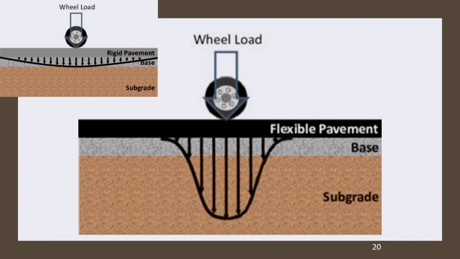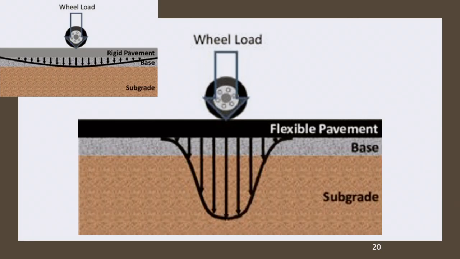So the way it distributes the stress, as you see in the top left, is over a much larger area. And when you divide the force over a larger area, that means lower stress. So the subgrade here is not affected or is minimally affected. So if your subgrade is not really well graded, or you didn't do partial or full replacement, or you didn't do a huge compaction of your soil, you can still get away with it if you have a rigid pavement.